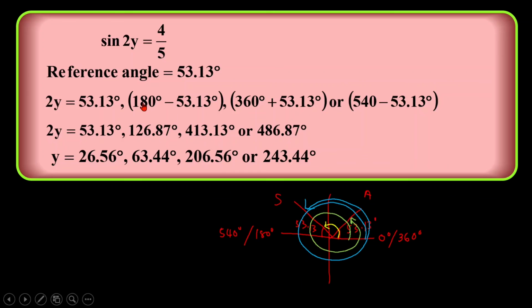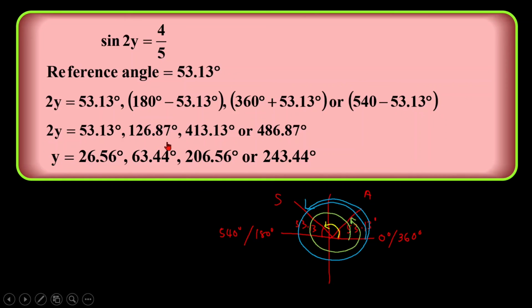Now I calculate 180 degrees minus 53.13 degrees, get my answer and write it down. From the calculator itself, I press divide by 2 and write the answer at the bottom. So I don't calculate all these values to the right-hand side, but downwards. That saves you some time when pressing the calculator.